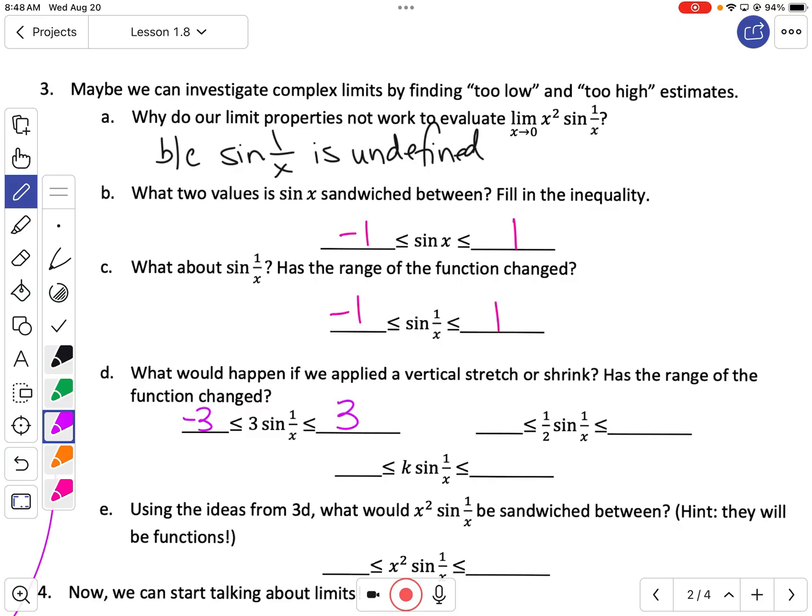What does it rotate between? -1/2 and 1/2. So what can we say that k sine of x rotates between? k and -k. It's following the same pattern. If I put an amplitude change out there, we change the amplitude, it changes the range.